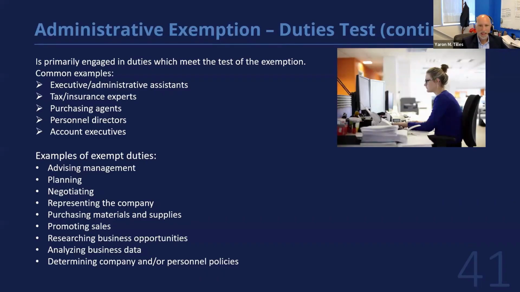But here are titles of employees with the assumption that these duties satisfy the exempt criteria, but typically executive and administrative assistants, tax and insurance experts, purchasing agents, personnel directors, account executives. These are just examples. And examples of exempt duties under the administrative exemption include advising management, planning, negotiating, representing the company, purchasing materials and supplies, promoting sales, researching business opportunities, analyzing business data, determining company and or personnel policies. And these are just some examples. By no stretch are these exhaustive.